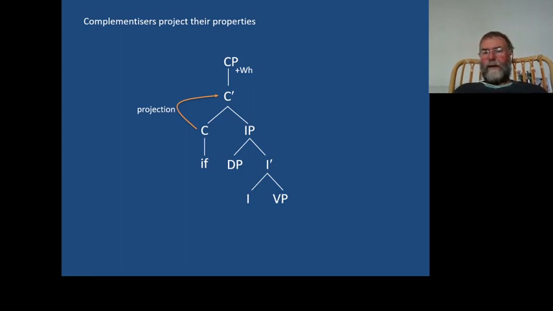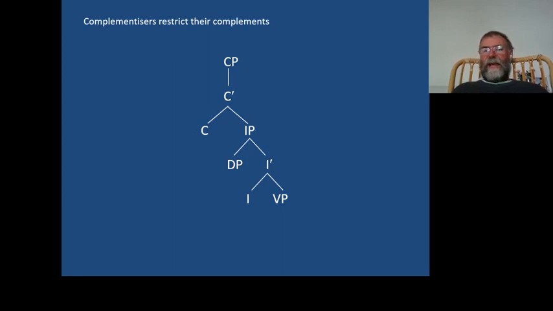And if the X bar level is plus WH, then the X double bar, the phrasal level, will be plus WH. So it looks as though different complementizers project their properties onto the phrase that they head, which is again exactly what you would expect of a head, because it's heads that project properties to phrases.